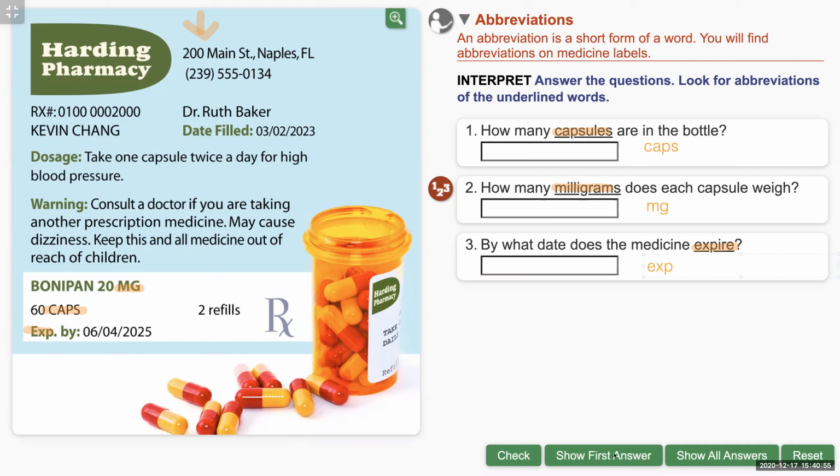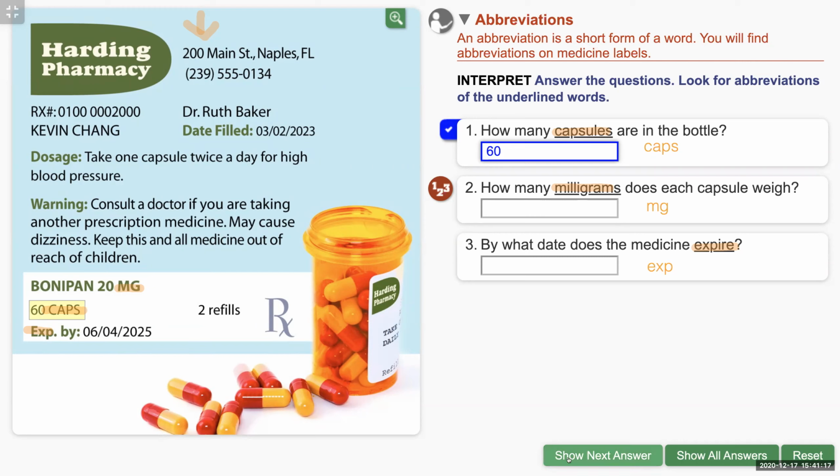Let's go ahead and check our first answer. How many capsules are in the bottle? Our first answer is 60. You should have been able to locate that. Number 2, how many milligrams does each capsule weigh?